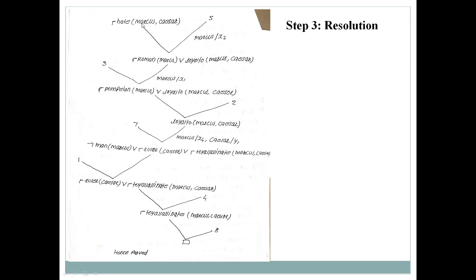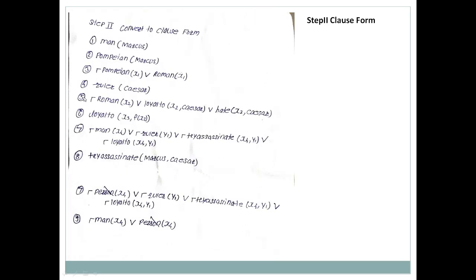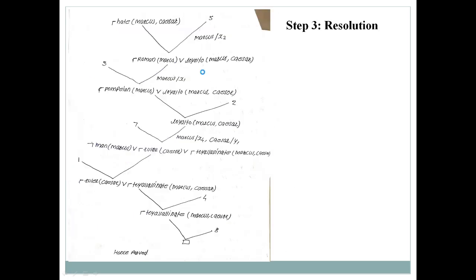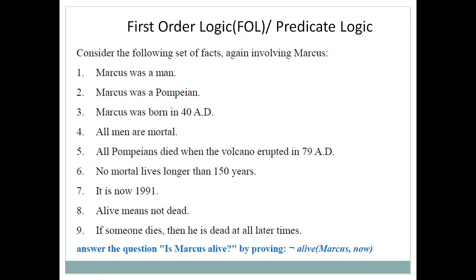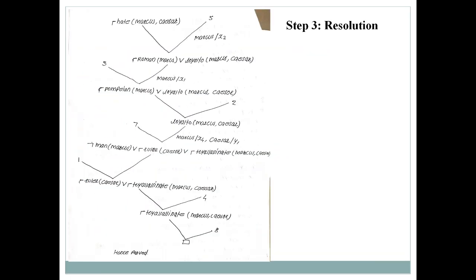So we need to replace that x2 variable with Marcus. For that purpose 5 is mentioned here, because step number 5 is there. So we need to equate statement 5 with this given statement.